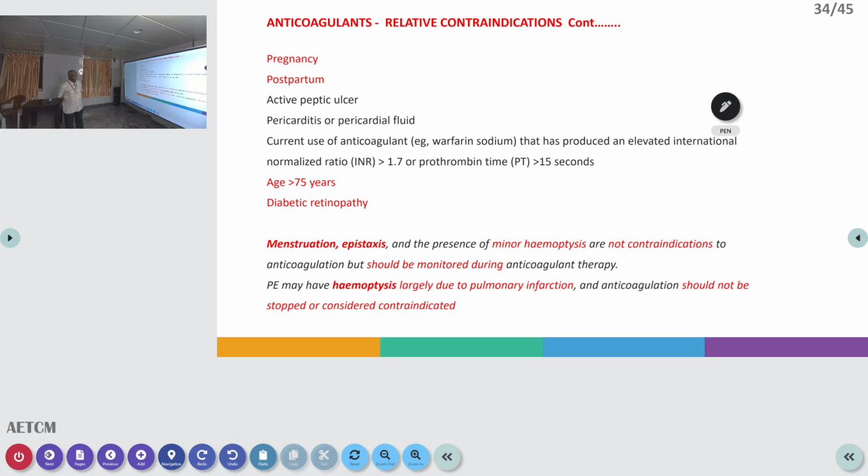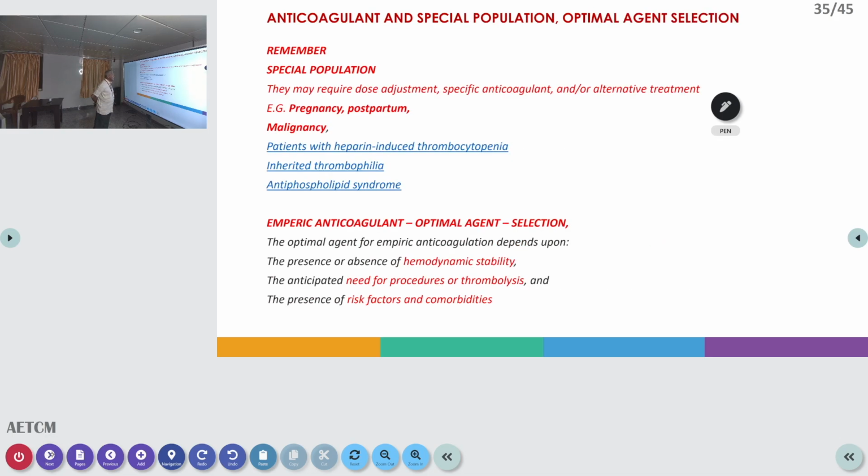Remember, if the patient is having a menstrual bleeding or an epistaxis, this is not a contraindication for the administration of anticoagulants. Sometimes minor hemoptysis is no contraindication for the administration of anticoagulants, because this itself may be a sign or symptom of the pulmonary infarction. So one of the treatments is anticoagulants. Not massive hemoptysis, only minor hemoptysis, there is no contraindication for the anticoagulation.